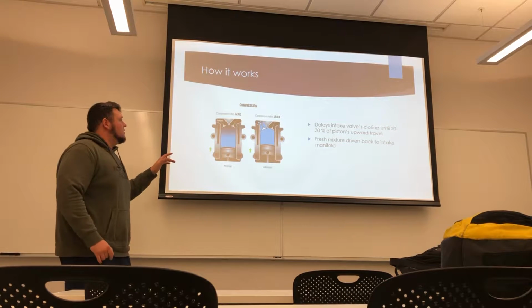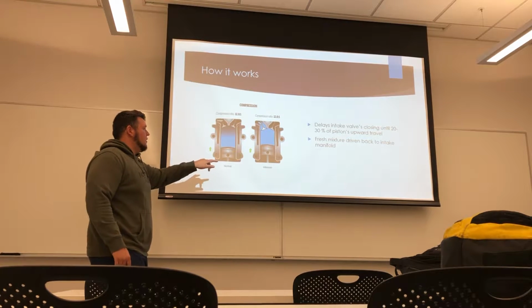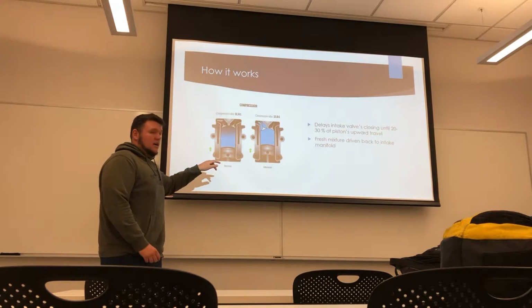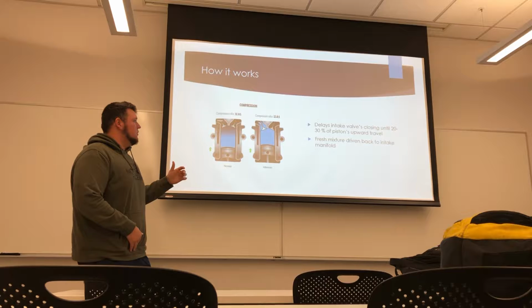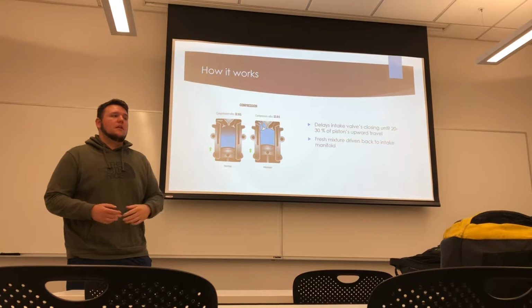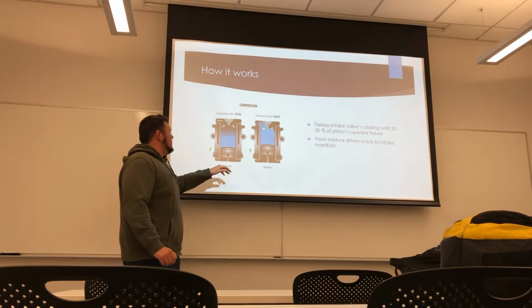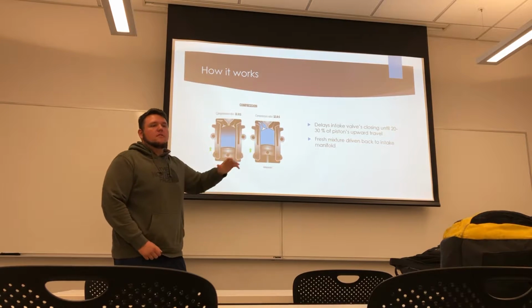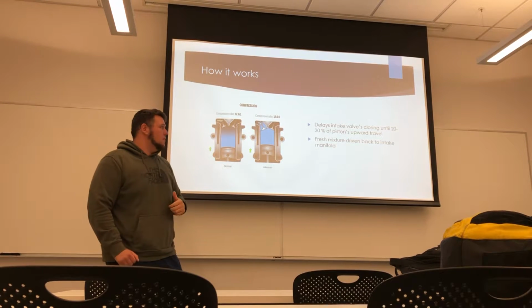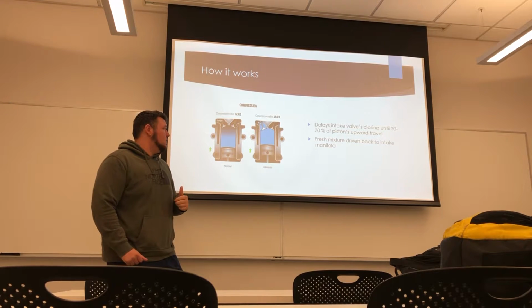So in these next few slides, we're going to have two images. On the left is an Otto cycle, the right is the Atkinson. During the compression stroke, this is where it differs from the Otto cycle. As you can see, the intake valve stays open for about 20 to 30% of the piston's upward travel.